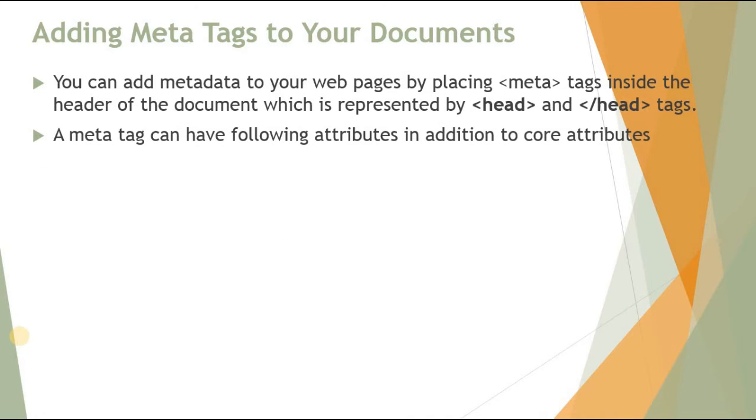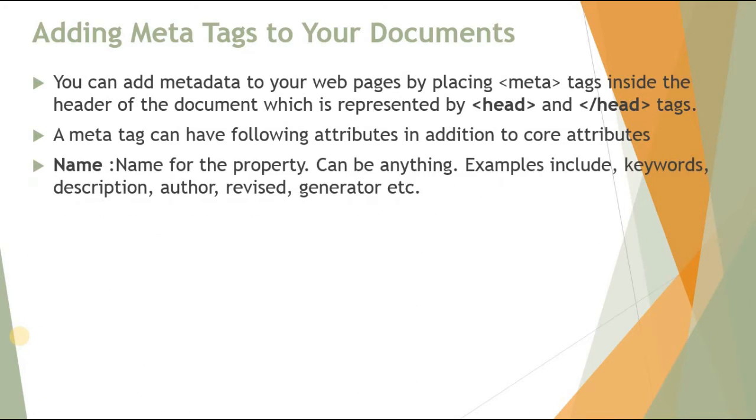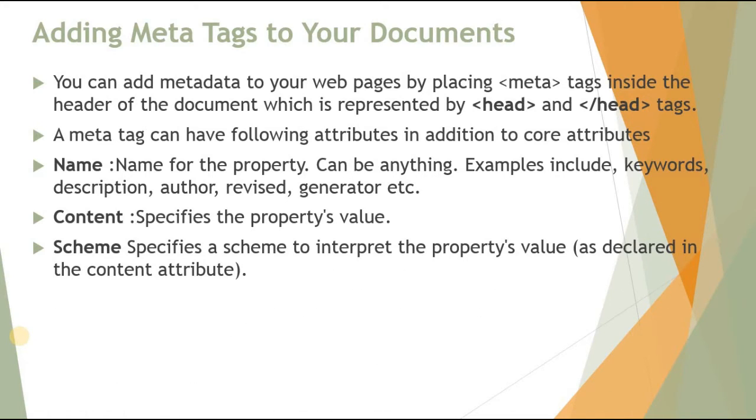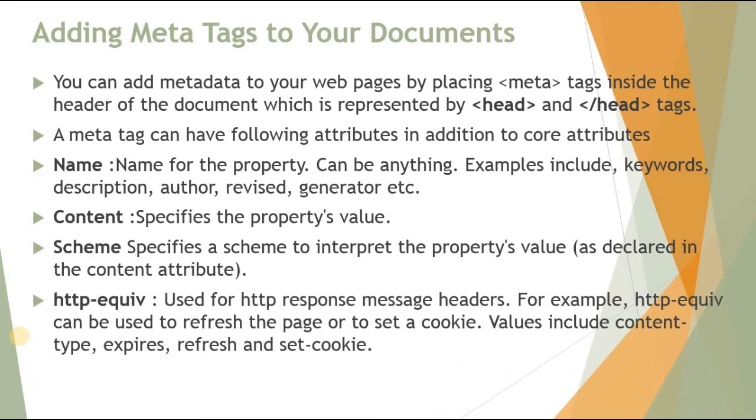A meta tag can have the following attributes in addition to core attributes. These are name, which is for the property and can be anything. Examples include keywords, description, author, revised, generator, etc. Then content, which specifies the property's value, and scheme, which specifies a scheme to interpret the property's value, and the HTTP-EQUIV, used for the hypertext transfer protocol response message headers.